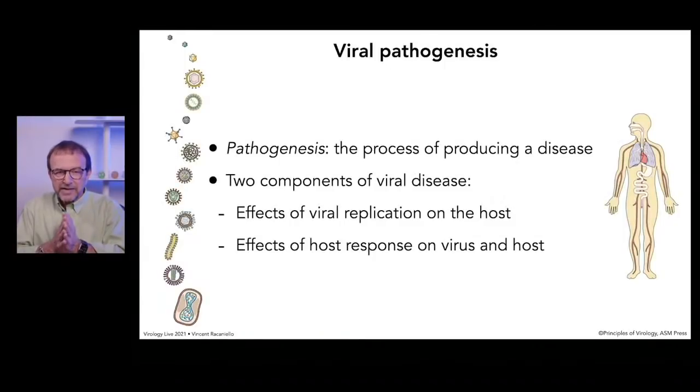Let's talk about viral pathogenesis now. You've got your primer on some of the basic parameters of transmission and death and so forth. Let's talk about how viruses cause disease. Viral pathogenesis, the process of producing a disease. It could be viral pathogenesis, could be bacterial, fungal, could be pathogenesis caused by a car accident or by stress. We talk about viral pathogenesis, how viruses cause disease. There are always two components of viral disease. Don't forget this.